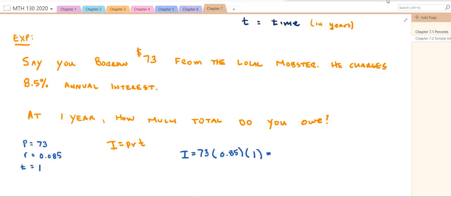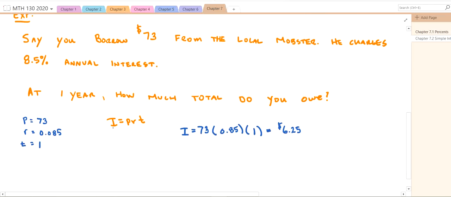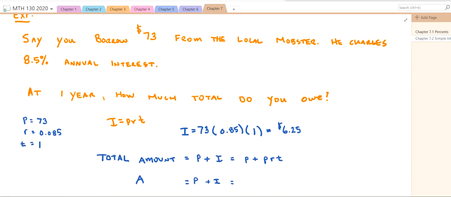So the interest we owe is $6.25. Now that's just the interest. Again, if we want our total, then we might say our total amount. Might just want to abbreviate that with A. This equals, so I've written it out here, our principal plus our interest.